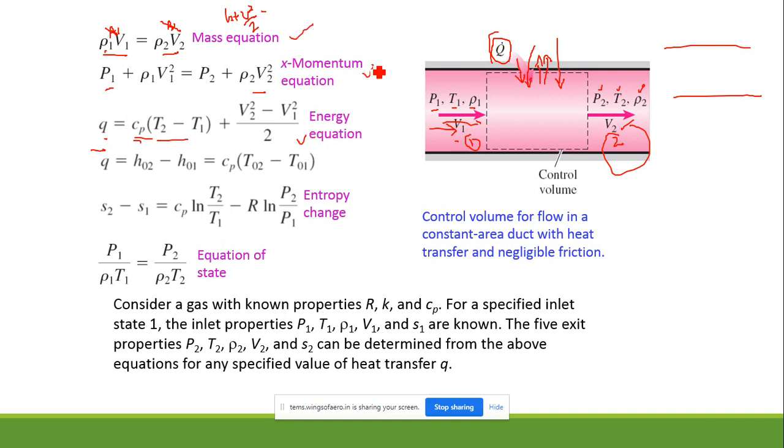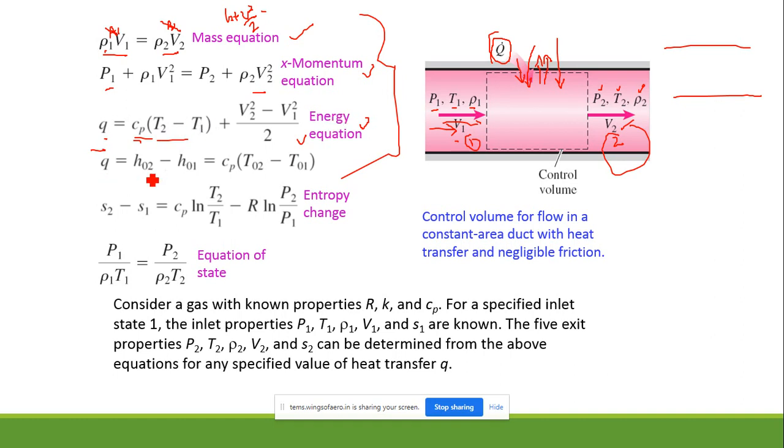Okay, mass equation, momentum equation, energy equation, why we are considering these three equations I have told you. One more thing: because we are adding heat to the system, there will be a temperature change, so automatically the stagnation properties will also be considered.